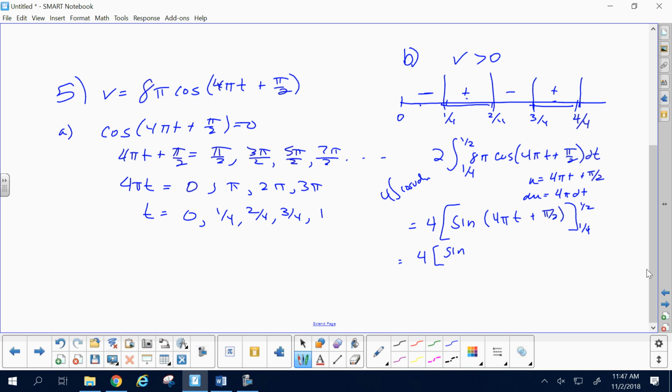Sine of 2 pi plus pi over 2 is sine of like 5 pi over 2. 5 pi over 2 is like pi over 2. So that, I imagine, would be 1 minus sine of 1/4. So that'd be pi plus pi over 2, that's like 3 pi over 2. So I'm getting something like 4 times 1 minus negative 1. And I go with 8. Cool? I hope that's right.